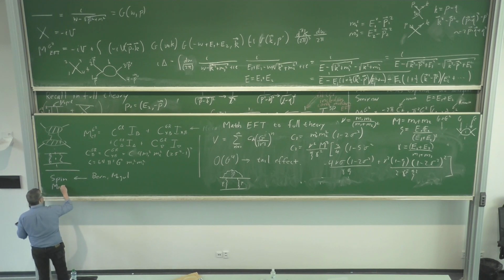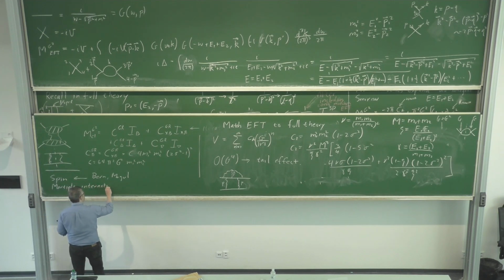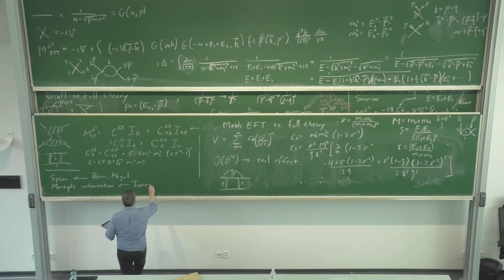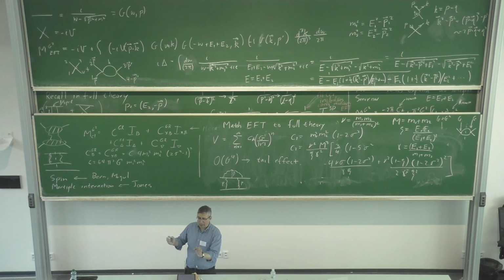Here's an interesting one, multi-particle interactions. Callum Jones will speak about that. So in Newtonian mechanics, the way it works is I have a particle here and a particle there, they interact. I put in a third particle, the way it interacts is individually with the other ones, right? Does it work that way in general relativity?